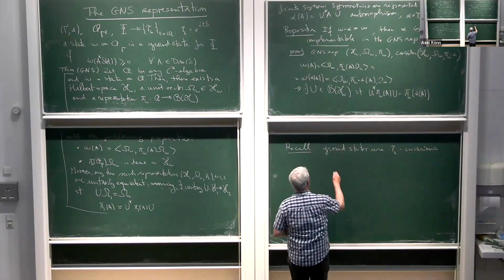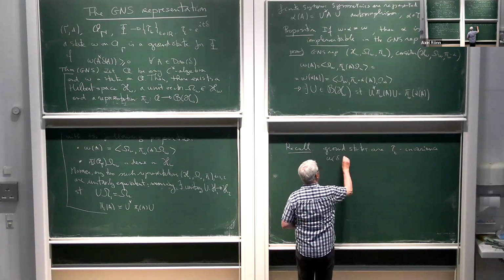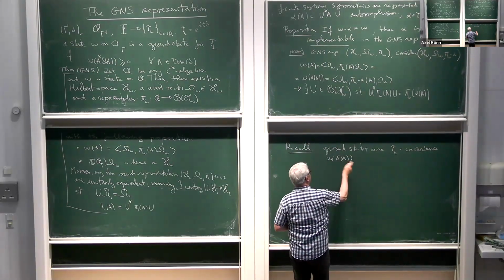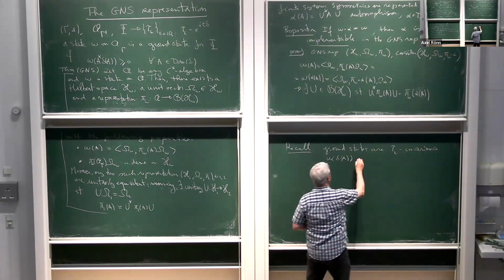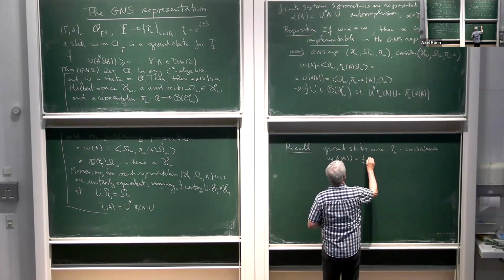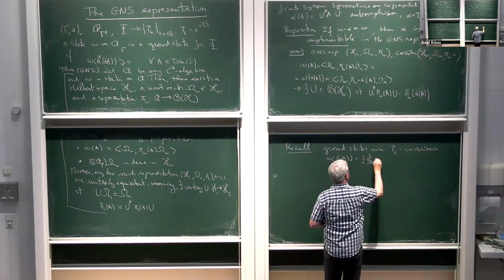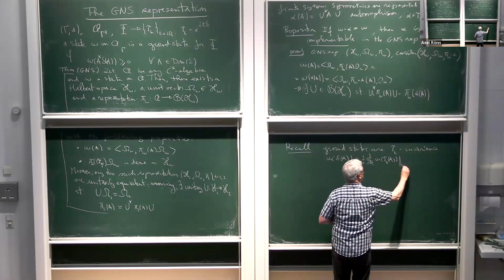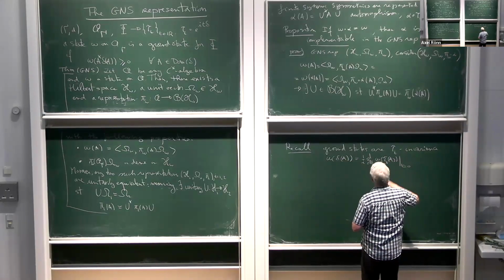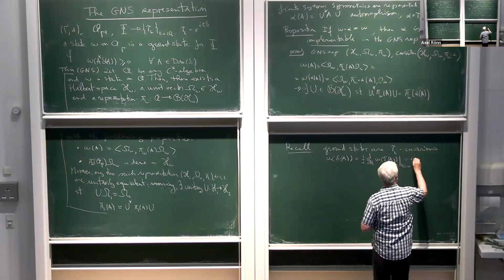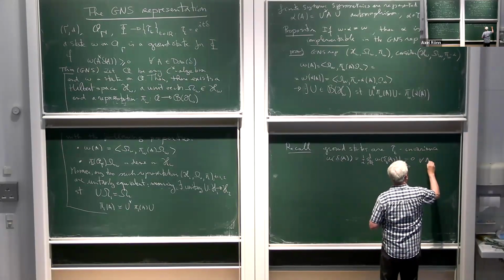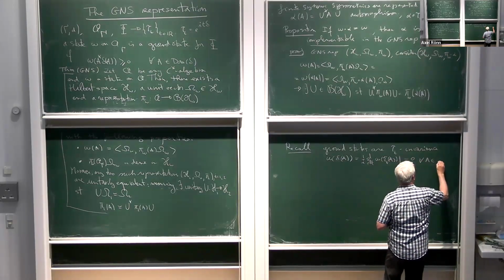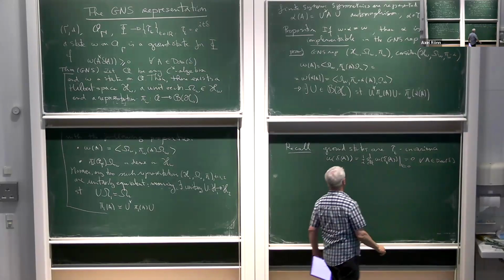This is expressed by the fact that omega of delta of A, the derivative of omega of tau t of A at t equals 0, is equal to 0 for all A in the algebra.